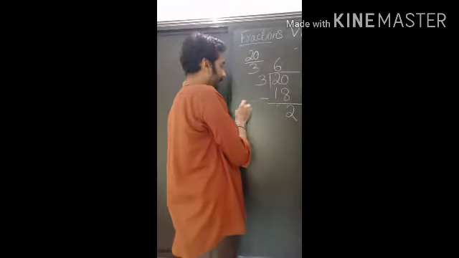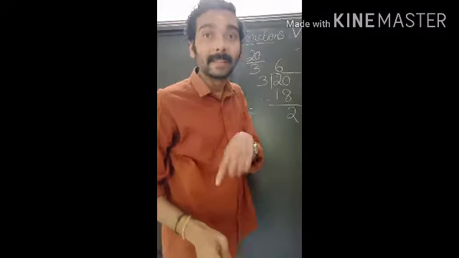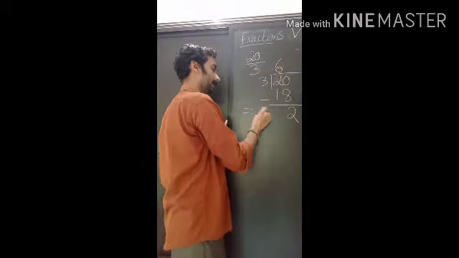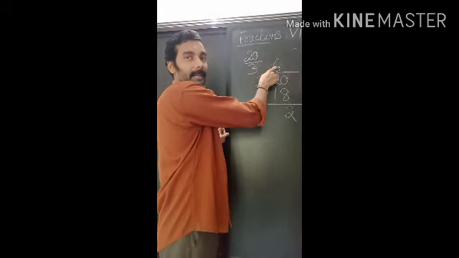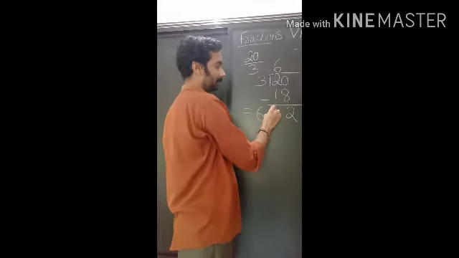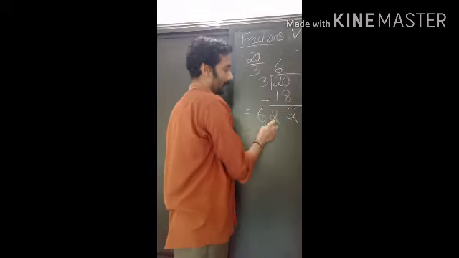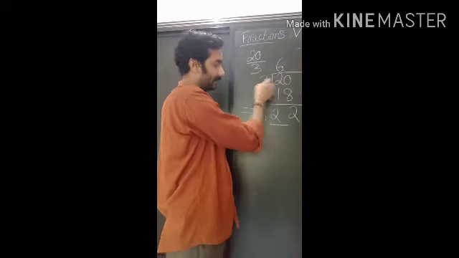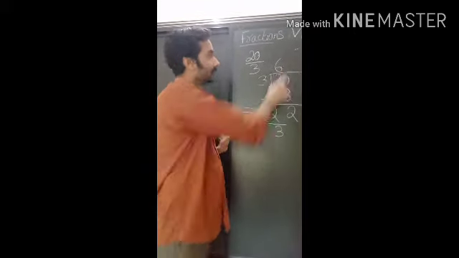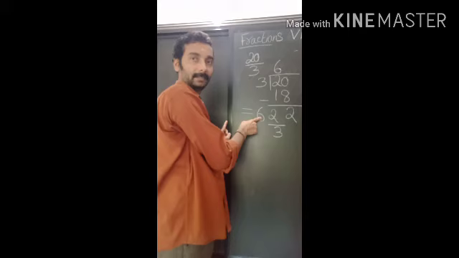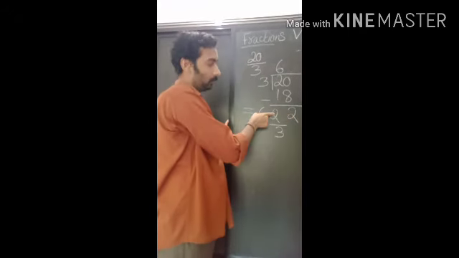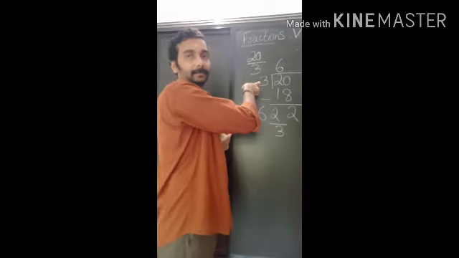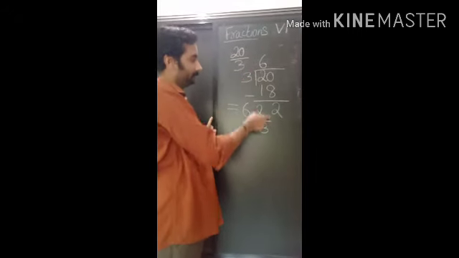We converted it into a mixed fraction. First we write 6. Then the remainder is 2, over the divisor 3.